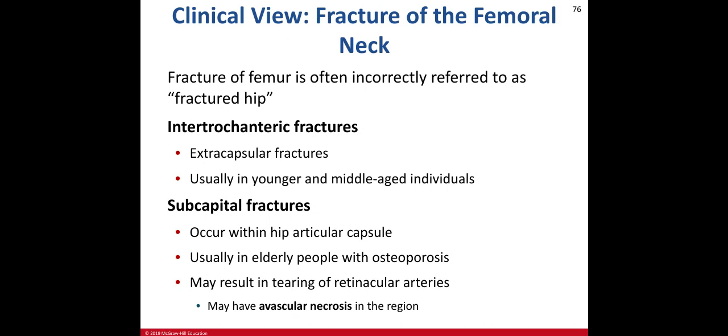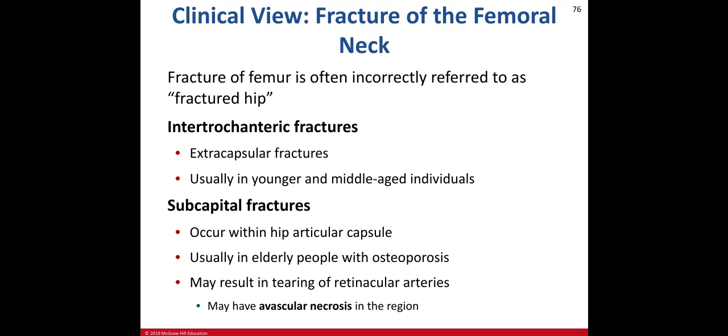So what can happen when you fracture your hip? Really, you could break the bones, but more often we're talking about these ligaments and things happening to them. So you can have intracapsular fractures, which are in young and middle-aged people, or a subcapital fracture, which is within that capsule.